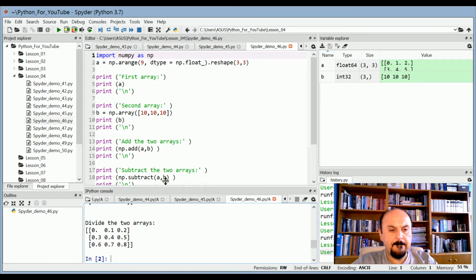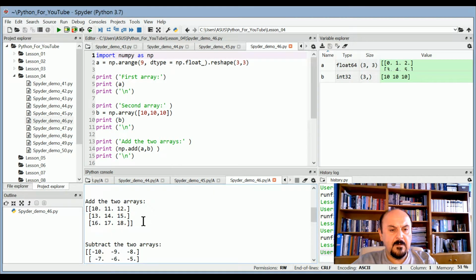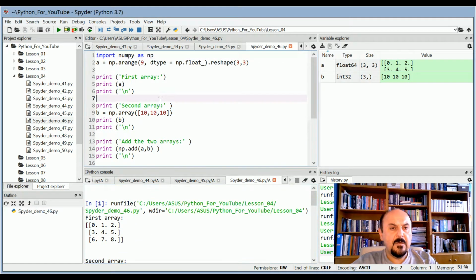Okay. This is our first array, so it includes floating point 0., 1., 2., up to 8., including 9 members.